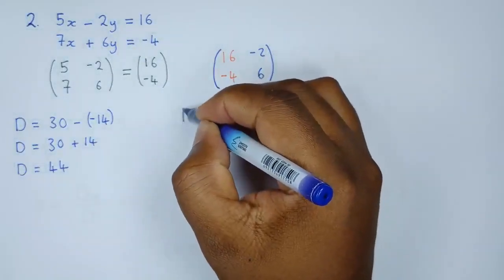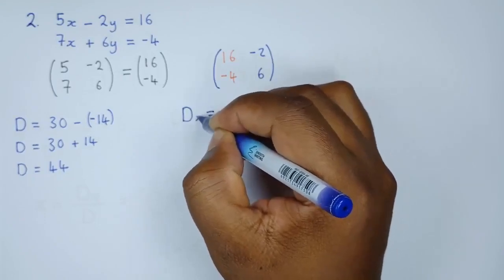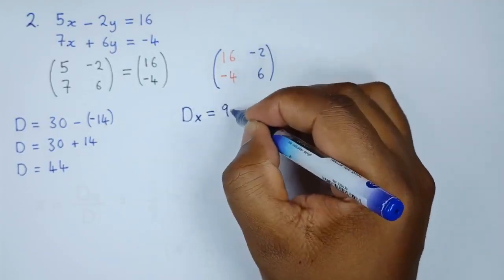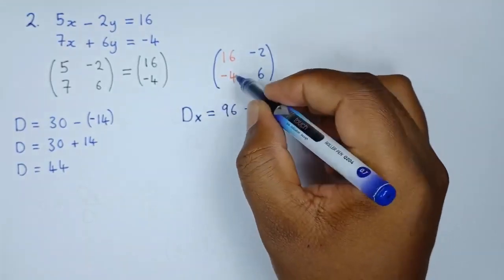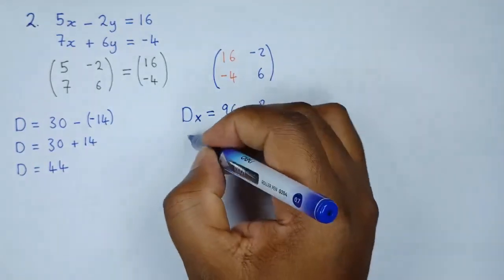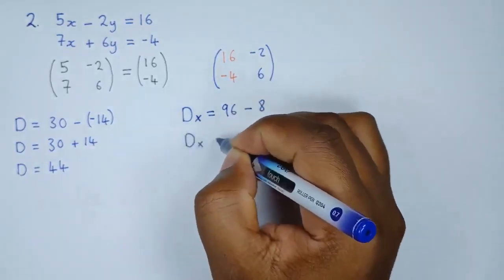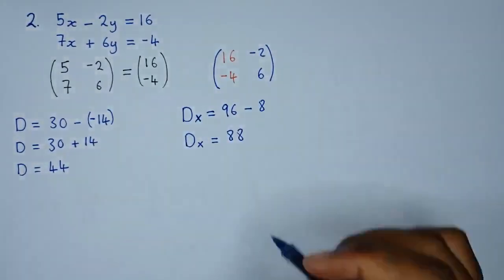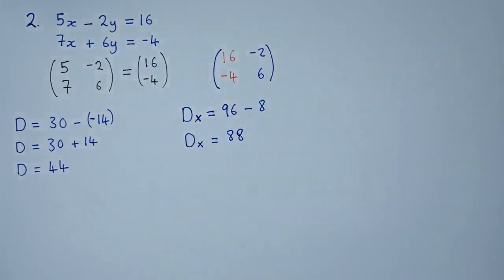Let's find the determinant of dx. 16 times 6 should give us 96, minus -4 times -2, which is +8. So the value of dx will be equal to 88. So the value of dx is simply 88.